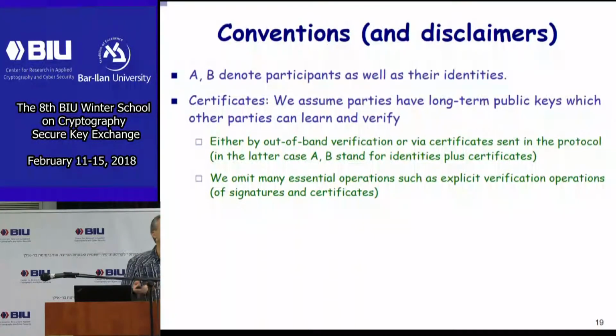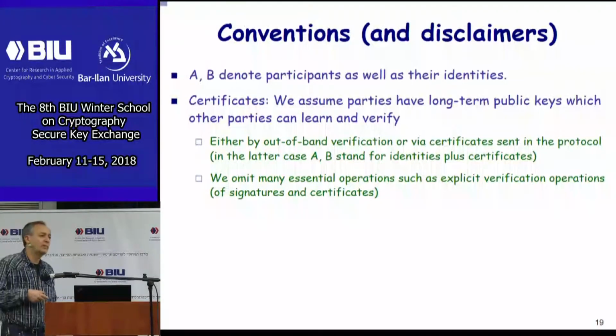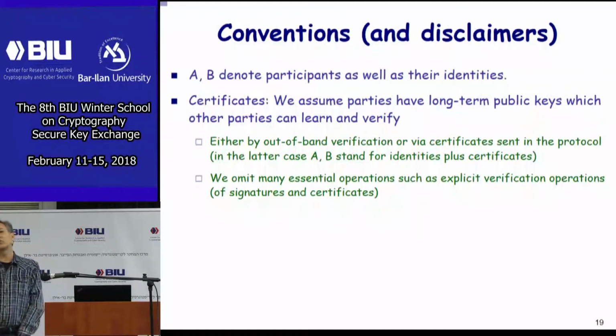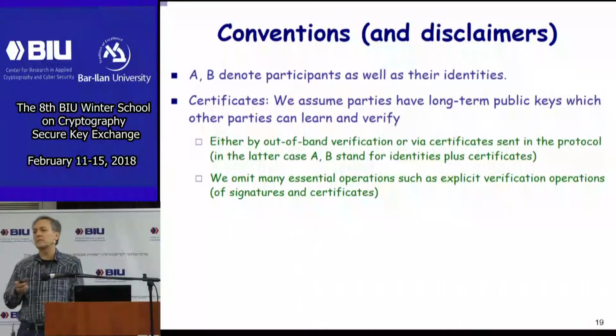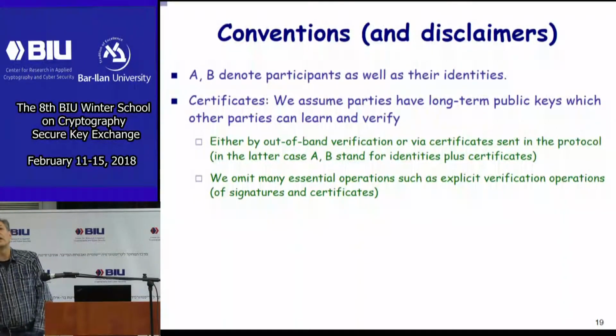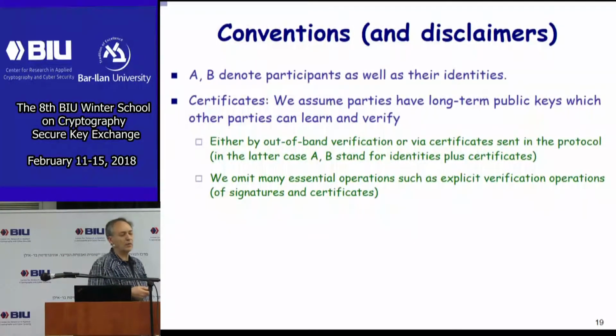There is something like SSH, where the first time you communicate to a server, you will get their public key, and you will assume or pray that there is no attacker in the middle in that case, and then you get the key. So we are not going to be involved with these specific mechanisms. We will assume that either they have certificates or they have somehow some way of exchanging these public keys.